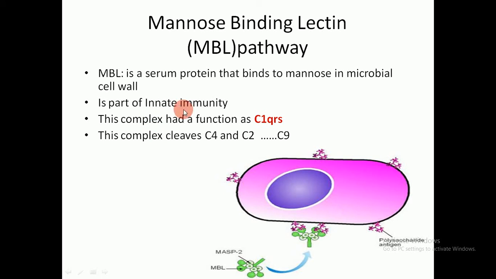It's part of the innate immunity. This complex has the function of C1qrs, and this complex cleaves C4 and C2 and continues to C9. So the difference from the classical pathway is that instead of C1qrs it is the Mannose Binding Lectin.